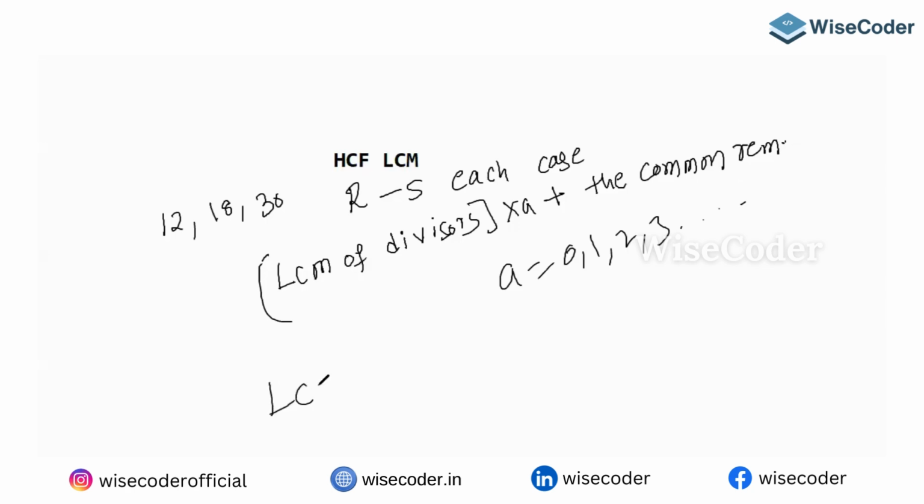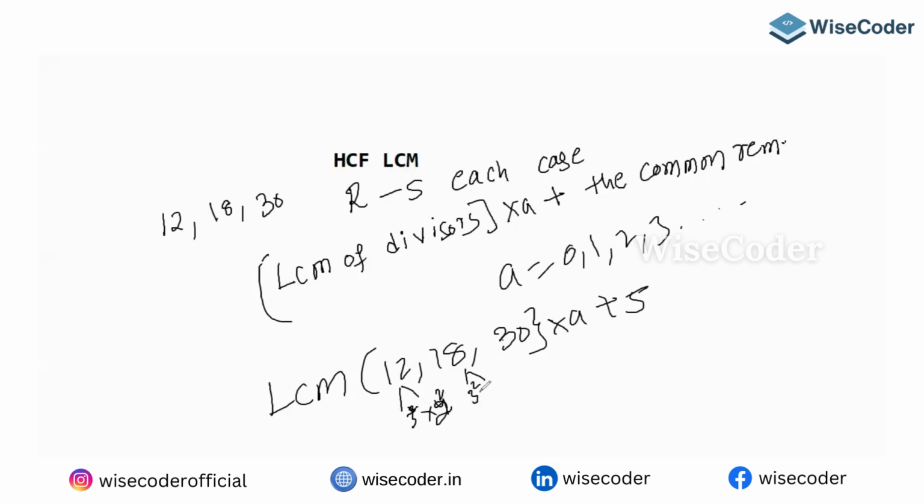So you need to find the LCM of 12, 18, 30 with a constant, plus 5. 12 is 2 square into 3, 18 is 3 square into 2, 30 is 2 into 3 into 5, so the LCM is 5 into 3 square into 2 square, 5 into 9 into 4, which is 180. So 180a plus 5.